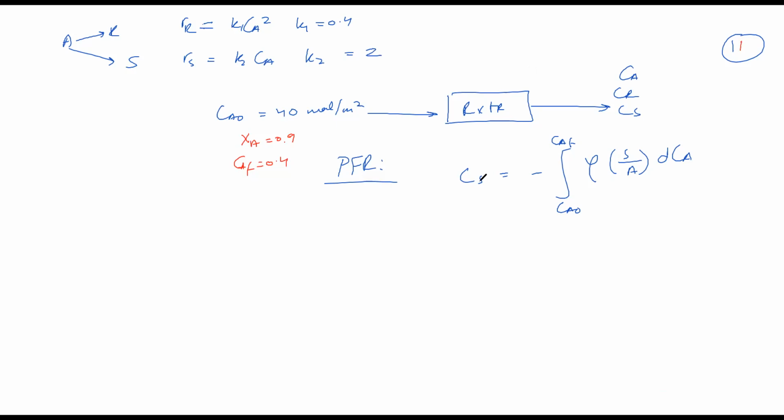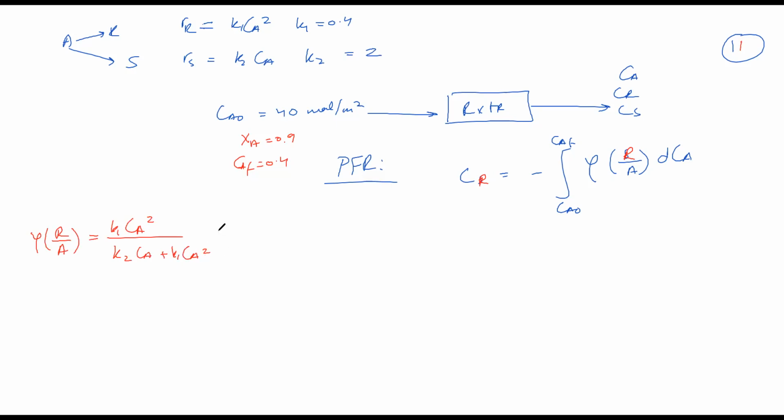I'm doing the same thing for CR. The first thing I need to get is the phi of R over A, right? So phi R over A will be K1 CA squared divided by K2 CA plus K1 CA squared.